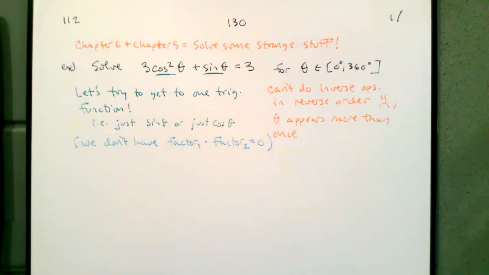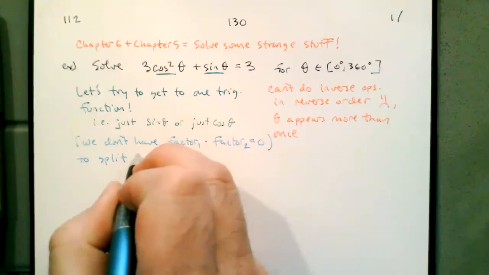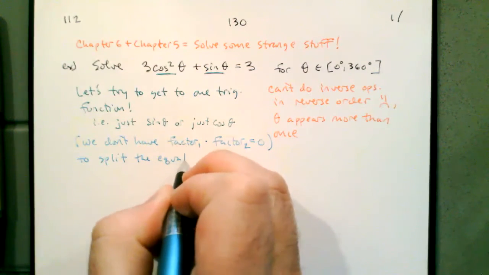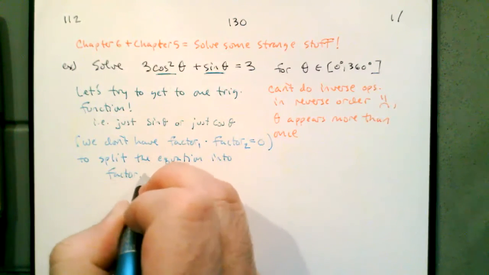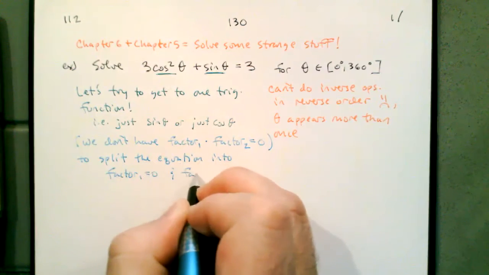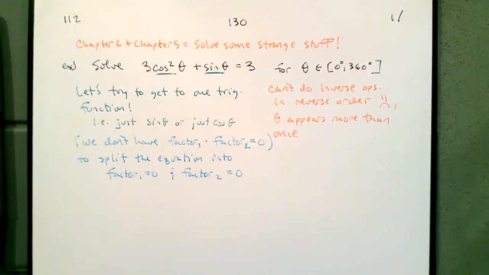That's one of our strategies, to get a product equal to 0 so then I can split the equation. That's a very powerful maneuver, but it requires a very specific thing, a product that's equal to 0. If a product is equal to 0, then one of the factors must be 0. Don't have that. We don't have a product. We don't have a 0.